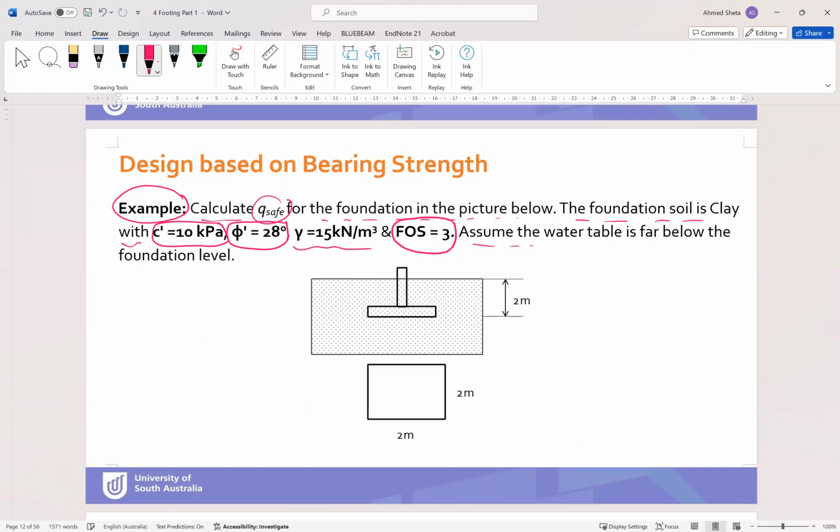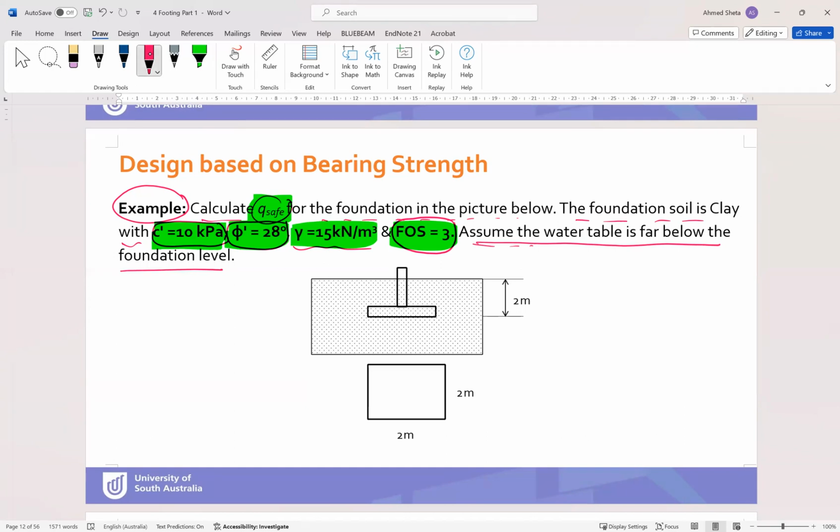So we need to find the Q safe value according to this given information. Okay, and we have the assumption that there is no water table down to the foundation level.